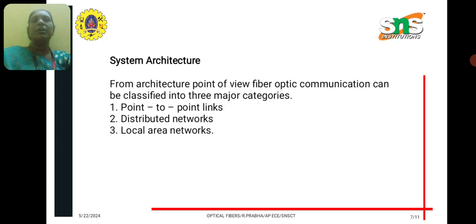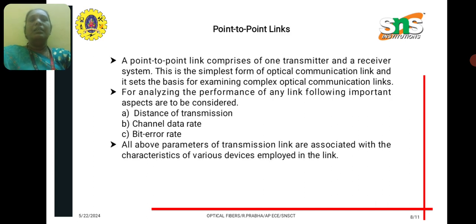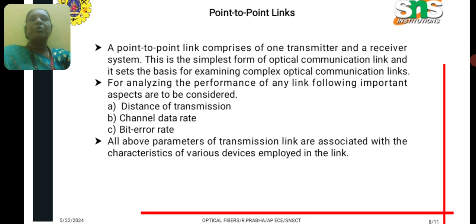And the system architecture. From the architecture point of view, fiber optic communication can be classified into three major categories. The first category is the point to point link, next is the distributed networks, and finally the local area networks. Now we are going to see the point to point link.